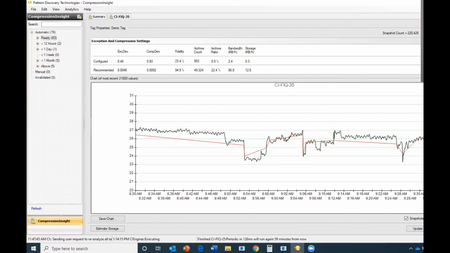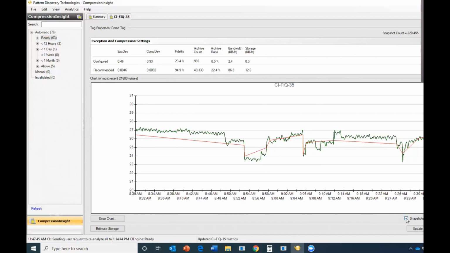So I'm going to show you what that looks like here. So there's the snapshots. I'm going to turn off recommendation. You can't really see the recommendation because it's behind the snapshot values. So what I'm going to do is turn off the snapshot values. If I turn snapshots on and off, the green line that you see here is actually our recommendations.